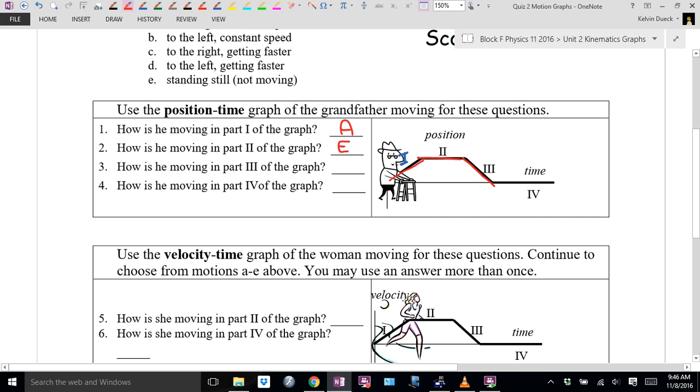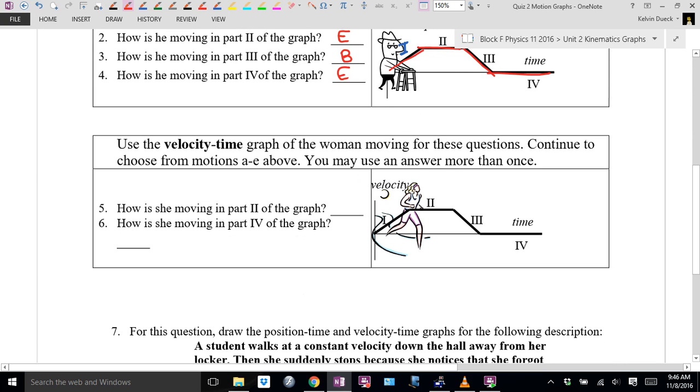Backward, constant speed. To the left, constant speed. B. At rest. And at rest back where he started from. So A, E, B, E? Yes? Okay.